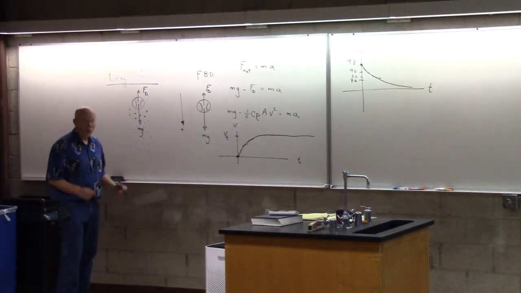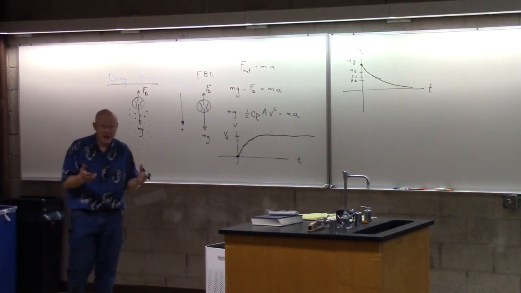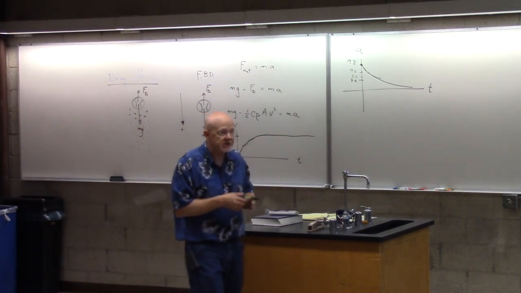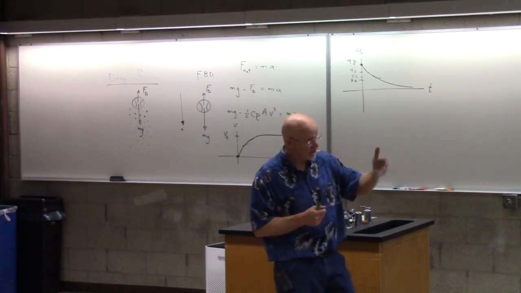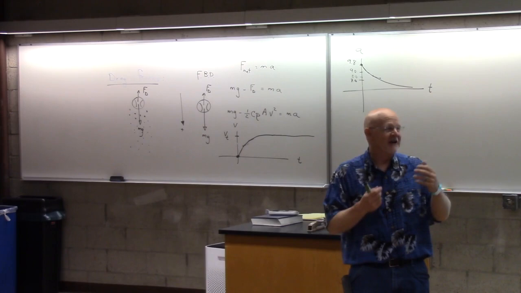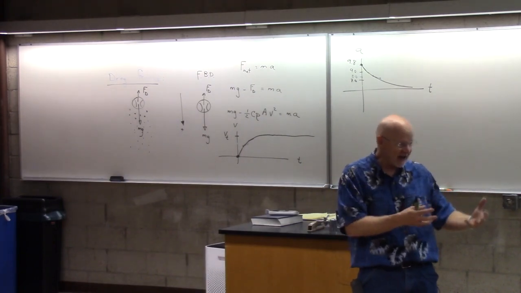And so what we're hopefully seeing here as we take a deeper dive into friction and air resistance is that when objects fall out of the sky, they don't just continuously go faster and faster.